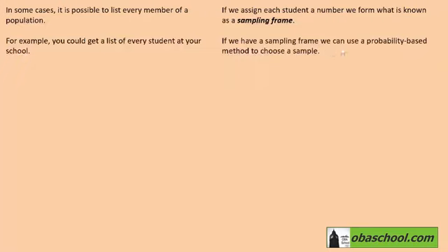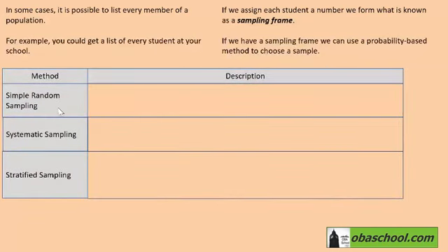If we have a sampling frame, we can use a probability-based method to choose a sample. And three probability-based methods that we're going to discuss here are simple random sampling, systematic sampling, and stratified sampling.